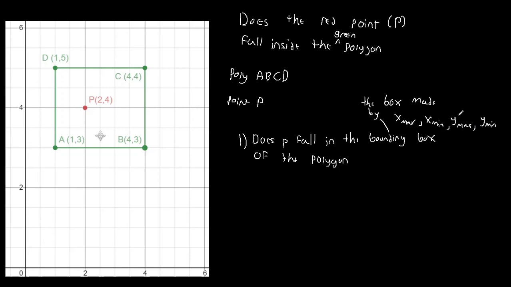Now, what do these mean? x max: if you were to look at all of the points in your polygon, what is the largest x coordinate? That's what x max is. So let's go ahead and label that. x max, the largest x coordinate in your polygon.